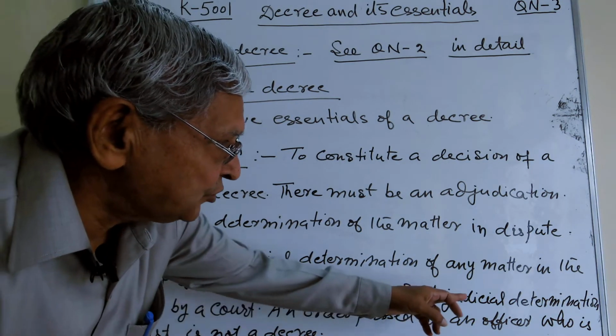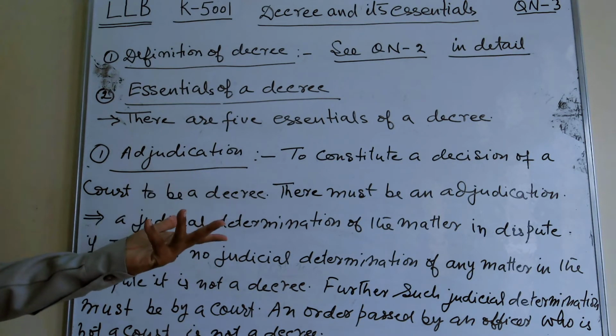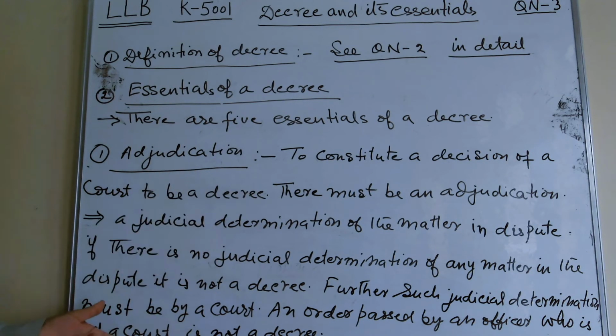Such judicial determination must be by a court, not by another agency. Or you can say, an order passed by an officer who is not a court is not a degree. So this is the first condition, the first essential.